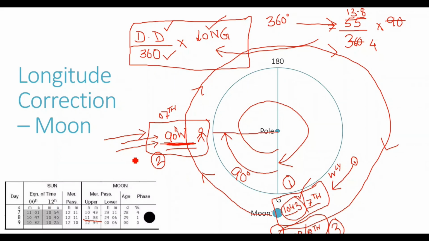Yes, sir. So if you have to interpolate the meridian passage time for occurrence number 2, you will have to interpolate between 1 and 3.